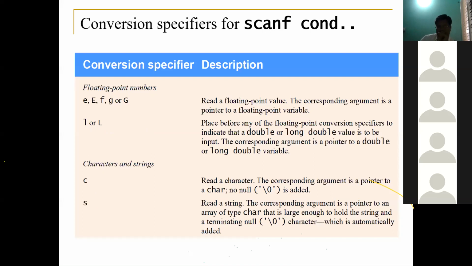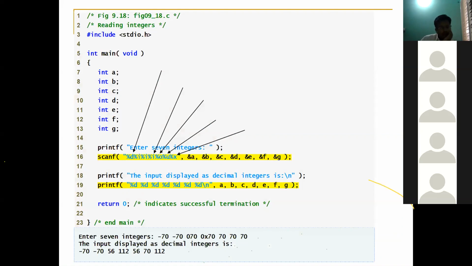One thing you need to always remember, if you are trying to accept a string, the last character at the end of the string will always be a null character which your compiler automatically adds. Now these are some of the examples.